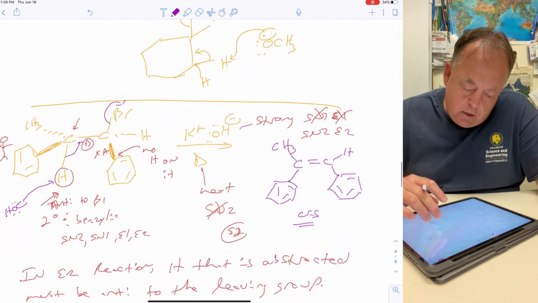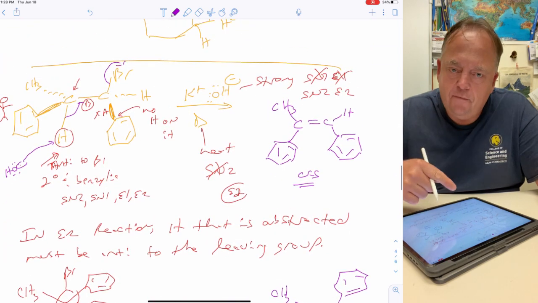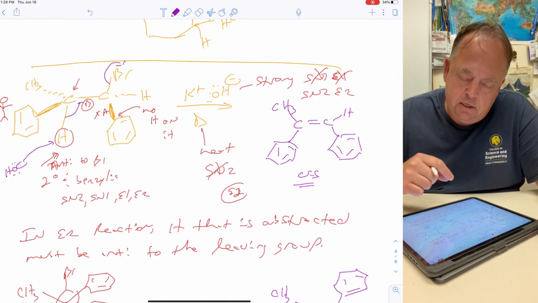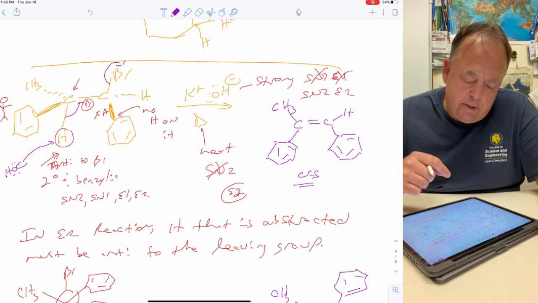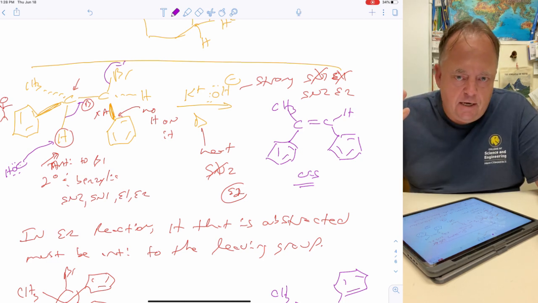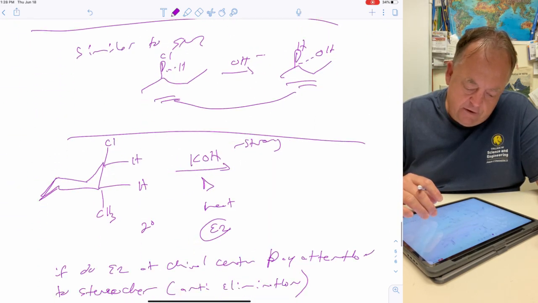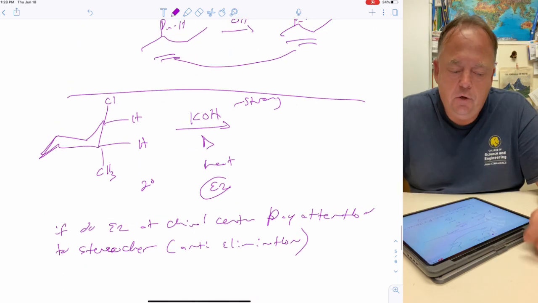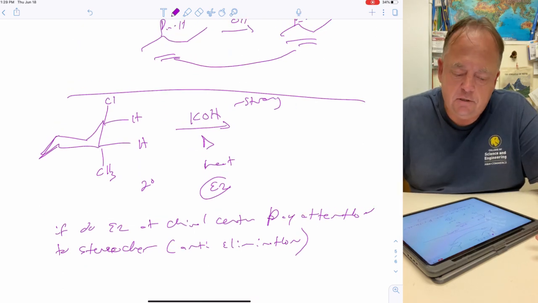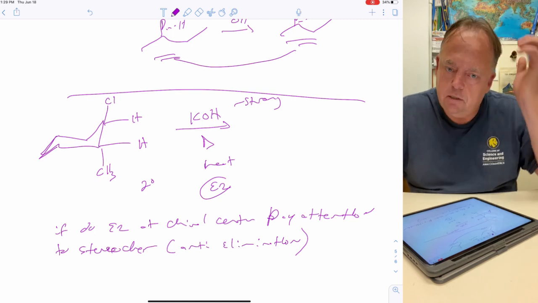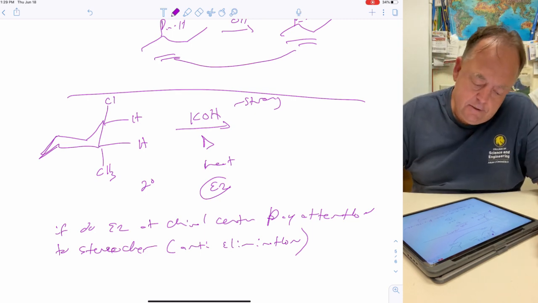But if I give you the molecule like that, you know where everything is in 3 dimensions because of the dash wedge structure. So that means I'm probably trying to test whether you understand this concept of anti-elimination or not. Same is true here. If you're given a chair cyclohexane, you are shown where everything is in 3 dimensions, which means I'm probably trying to test whether you understand anti-elimination or not.